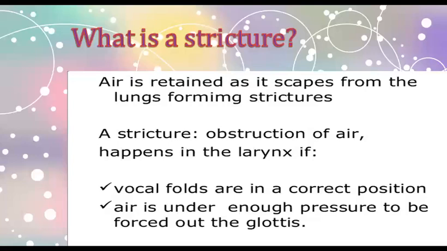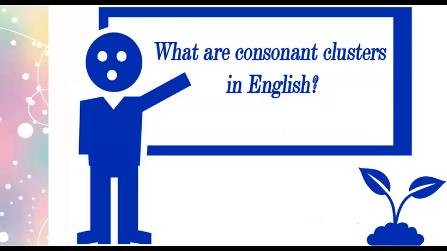Now, before going to consonant clusters, I hope you have understood that a consonant letter usually represents one consonant sound. Some consonant letters like C, G, S can represent two consonant sounds, right? For example, for C, you can pronounce it as both sa and ka.